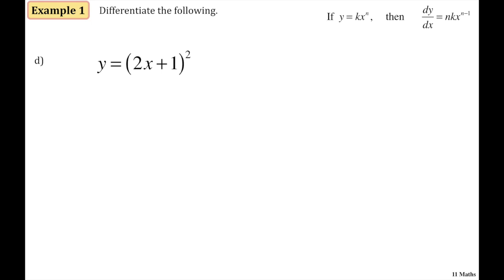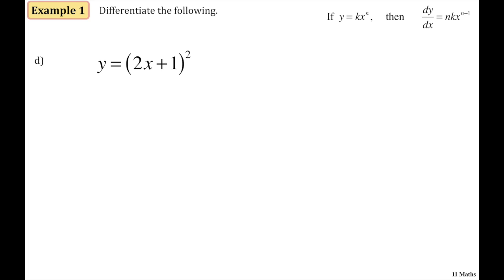Now this is the first of the questions that we can't actually differentiate quickly using our method while there's a bracket there. So we've got 2x plus 1 in brackets squared. And that creates a problem, that's squared. So what we're going to do is expand the brackets out.